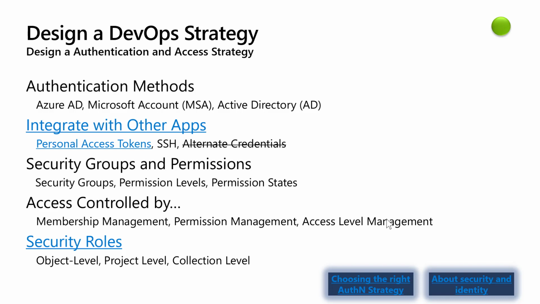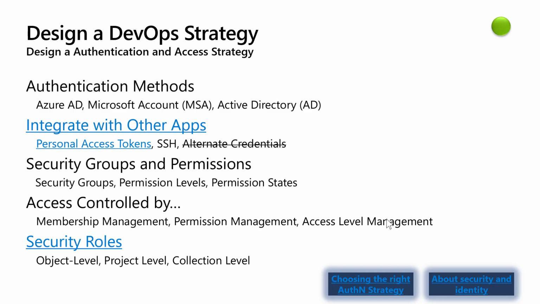If you want to integrate with other applications outside of Azure DevOps, think of Visual Studio, think of VS Code or any other development environment, you're typically going to use personal access tokens, maybe using a service principal if you want to integrate with an Azure environment. That would be the idea.